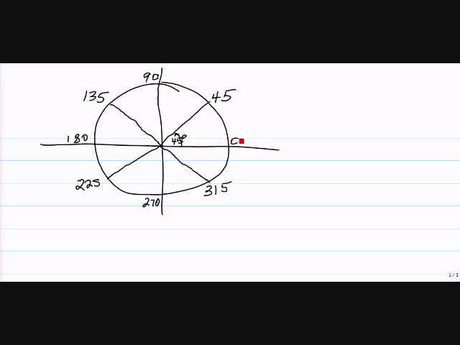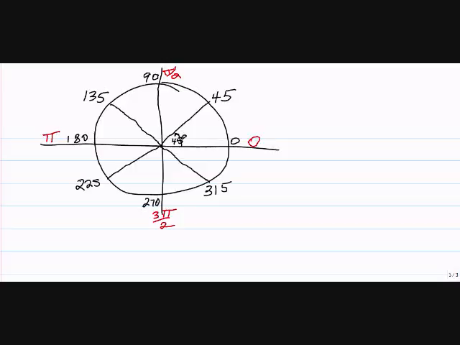Okay, 0 degrees is 0 radians. 90 is pi over 2. 180 is pi. 270 is 3 pi over 2. Now what should I mark with the 45 degrees there? I'm going halfway between 0 and pi over 2.